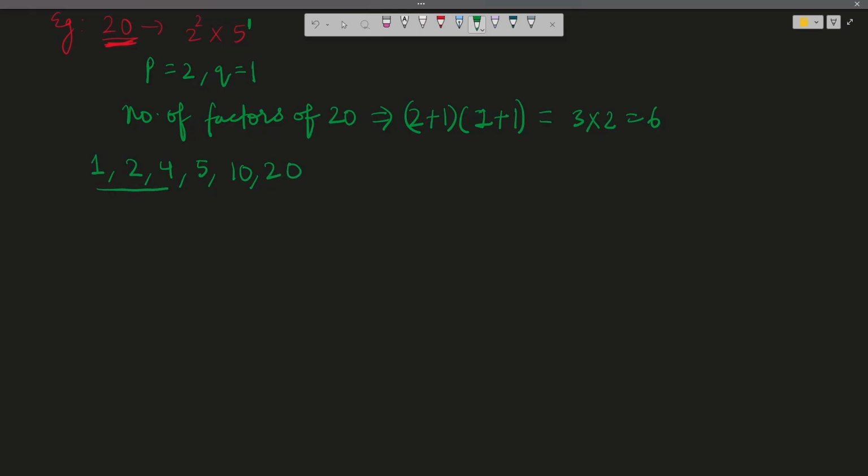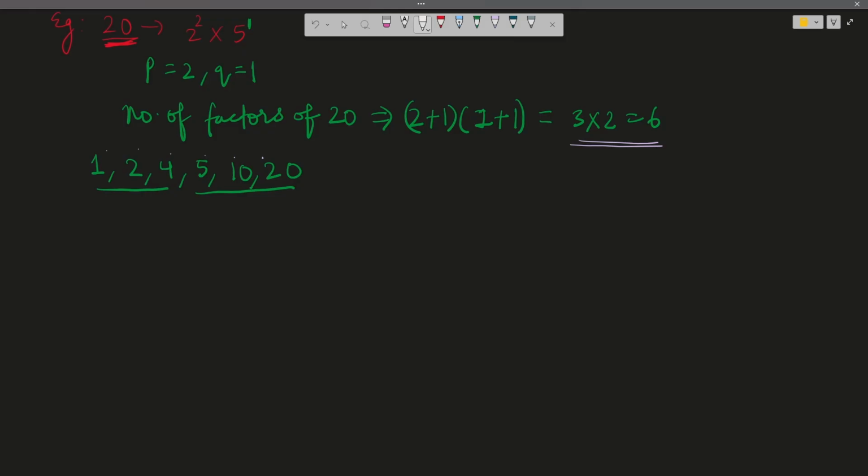These are all the factors of 20, and if you count them, they come out to be 6: 1, 2, 3, 4, 5, and 6. So 6 factors are there, and by the formula we also calculated 6 factors. That means the formula is absolutely correct.